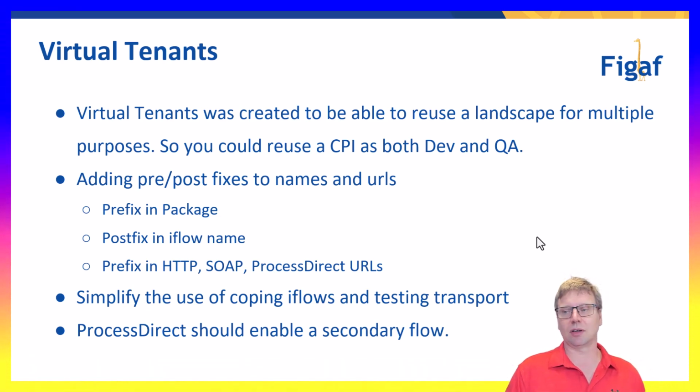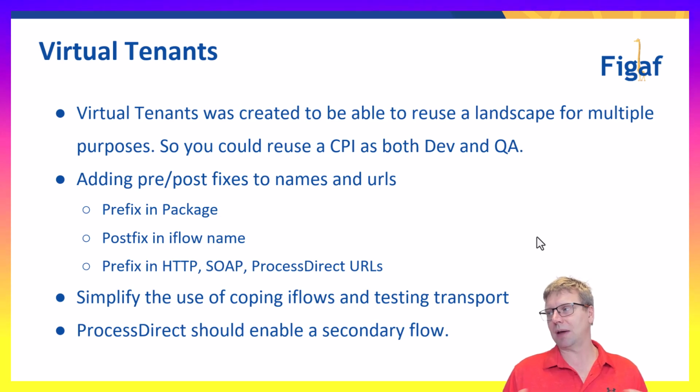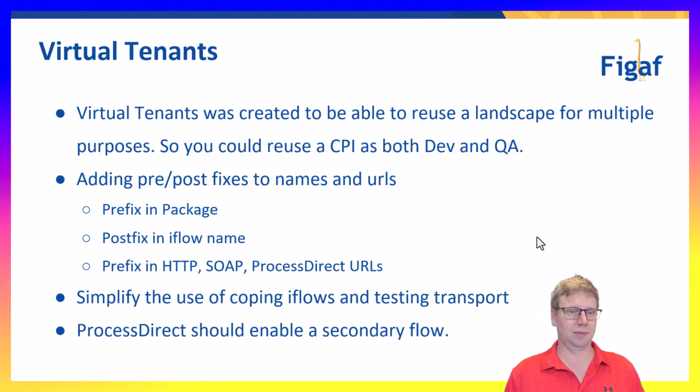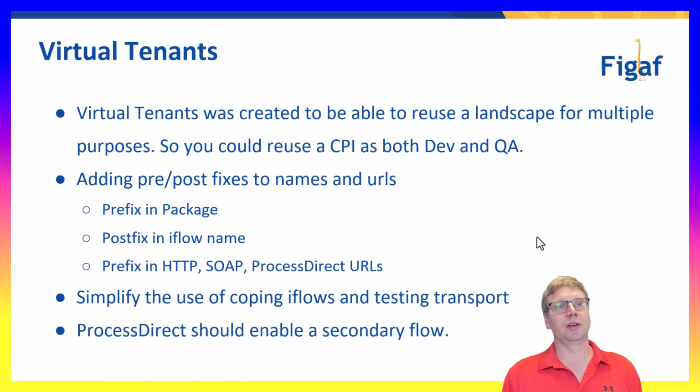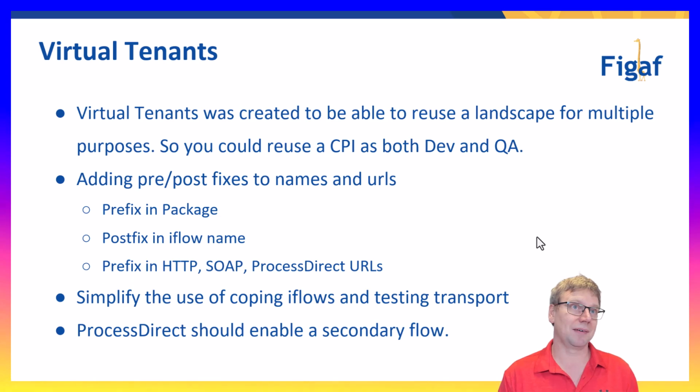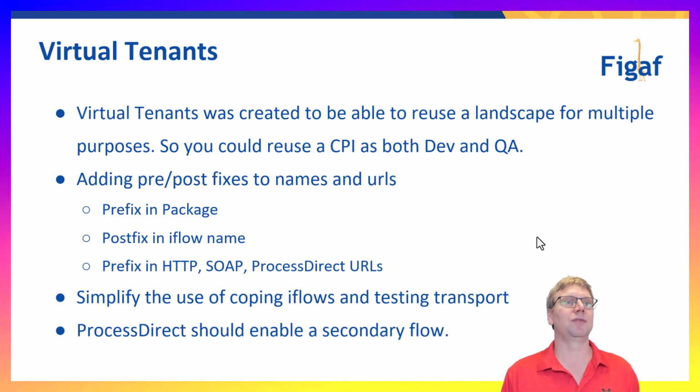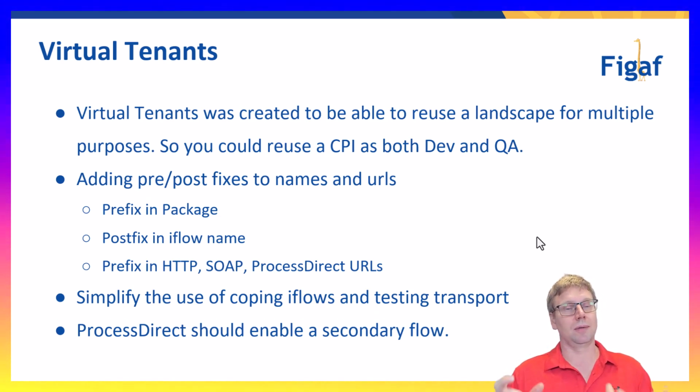We can set this up when we're configuring the landscape, and we can work with this scenario here. It's about simplifying the transport. And if you, for instance, have ProcessDirect JMS, all of these attributes can get a prefix like QA added to it.